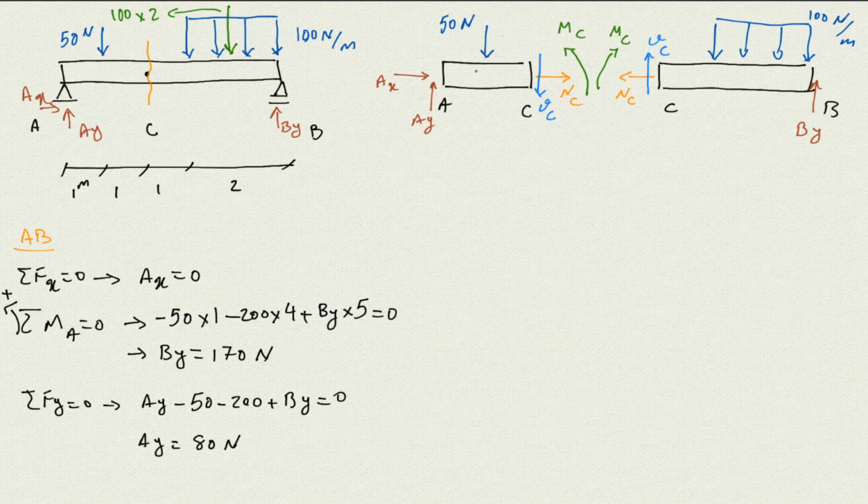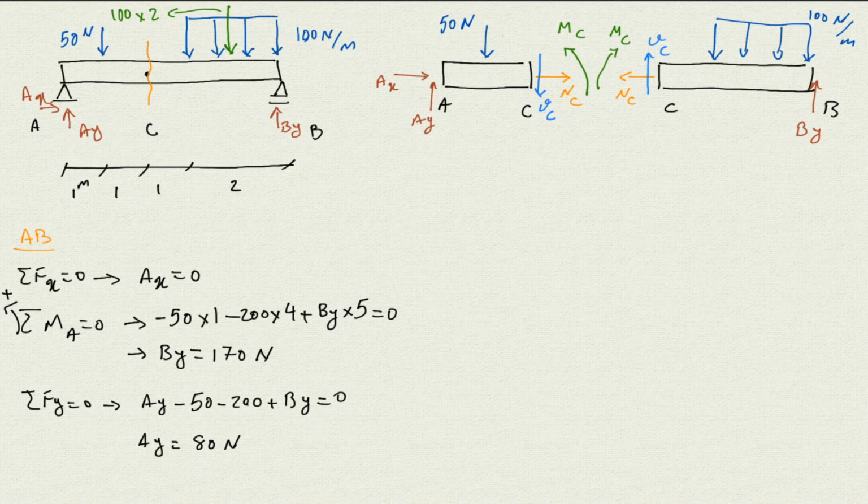Now we have a choice to consider the section AC and analyze that section to find these forces, or we can look at the section CB. Either way, we can go. If we consider the section AC, we write 3 equilibrium equations for section AC, or we can consider section BC and write the 3 equilibrium equations there.